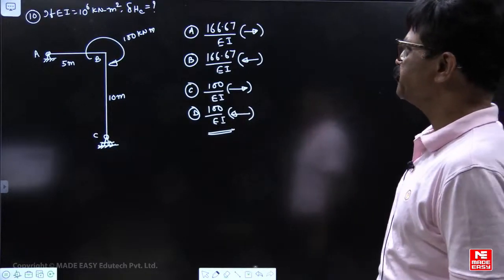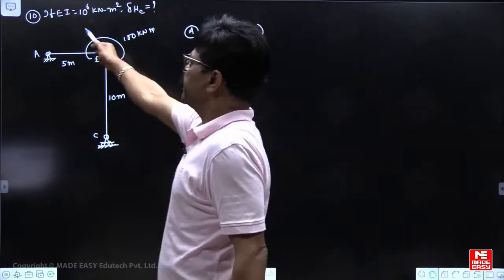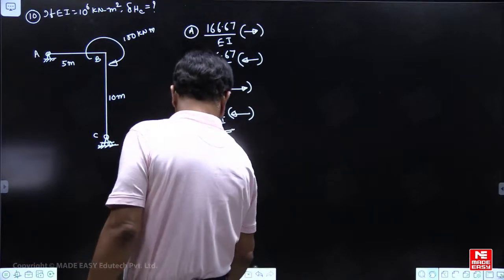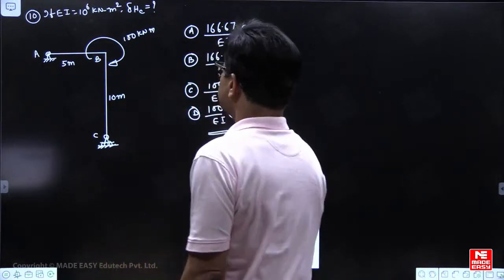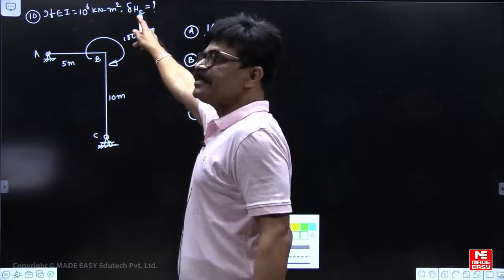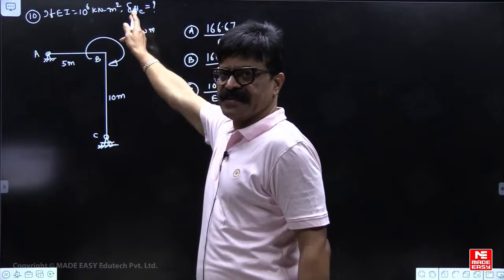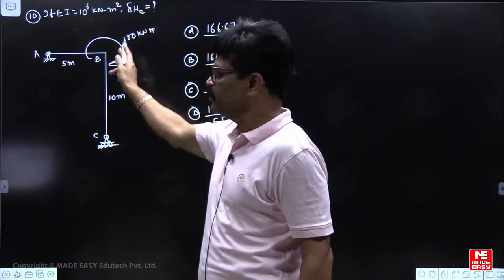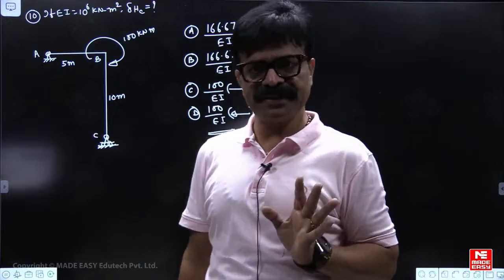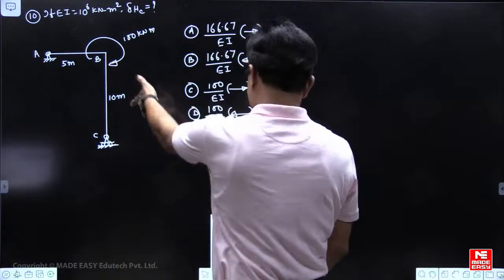This is our problem. EI flexural rigidity same, 10 to the power of 6 kilonewton meter square. So since he is asking you to find delta HC, means deflection, statically determinate frame, you must use strain energy method. Only two segments are there.